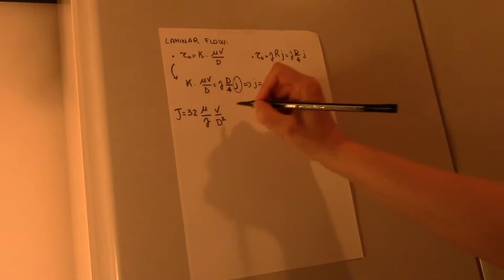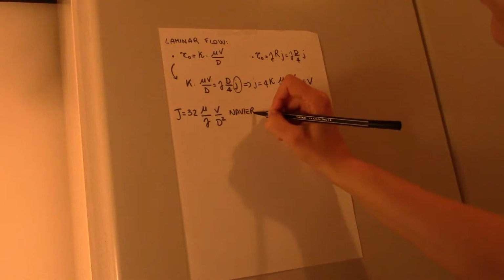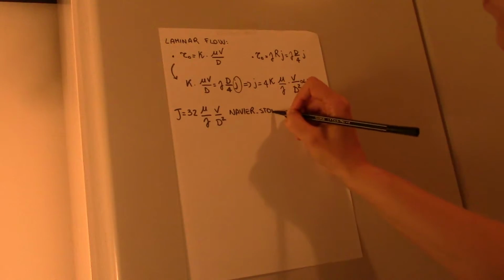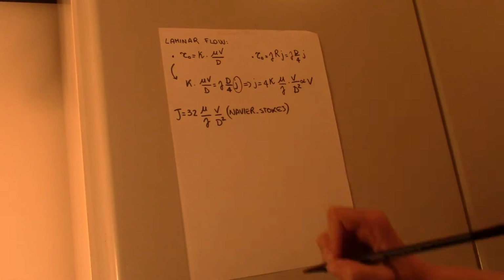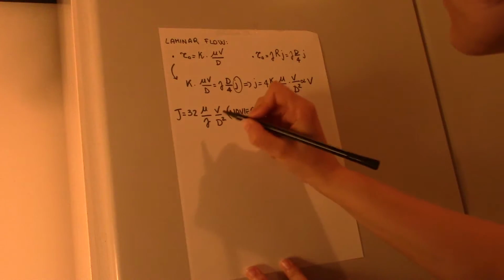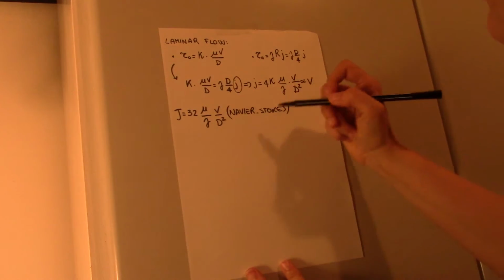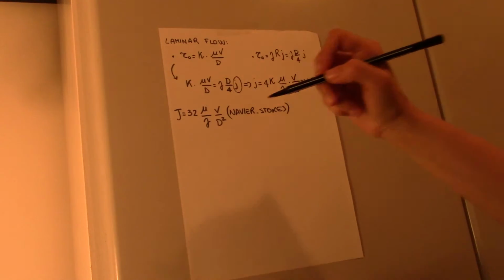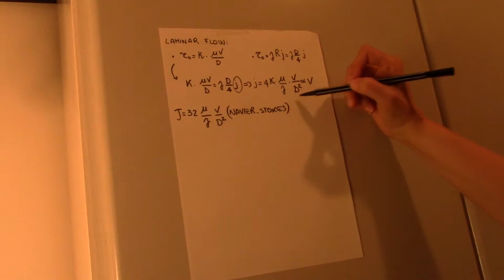If we compare Navier-Stokes in laminar flow with this, we can get that again this term mu over gamma times v over D to the power of 2 is equal to this stuff.